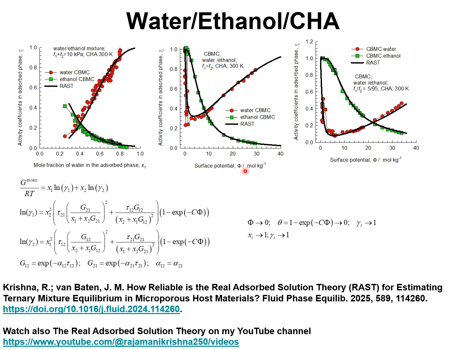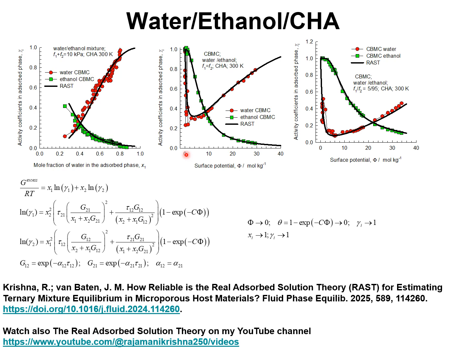For further understanding of the concept of the surface potential, which is a proxy for the spreading pressure, I refer you to my paper in Fluid Phase Equilibria. Watch also my presentation on the Real Adsorbed Solutions on my YouTube channel. We note that as the surface potential tends to 0, the activity coefficients of both components tend to unity.